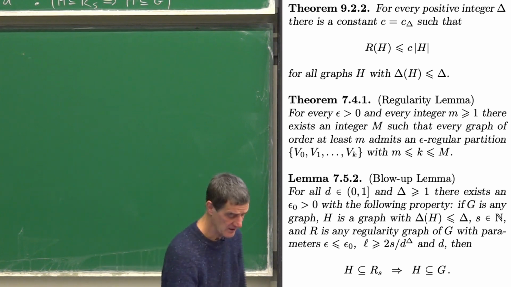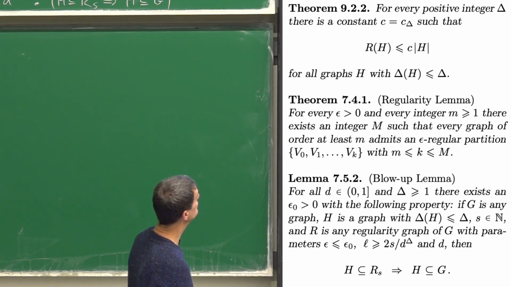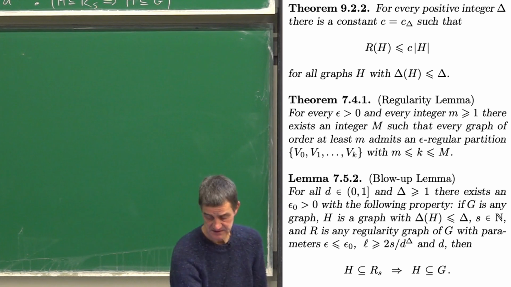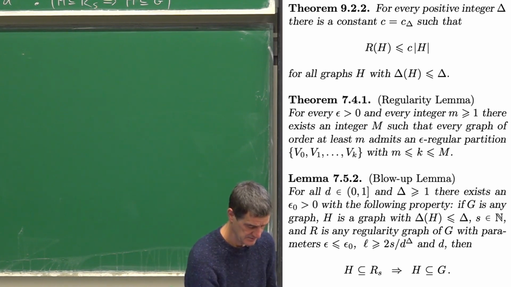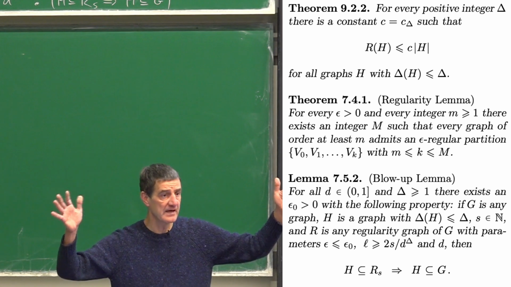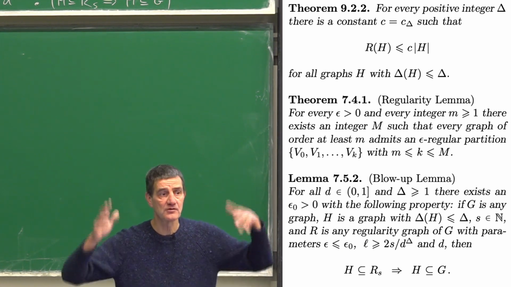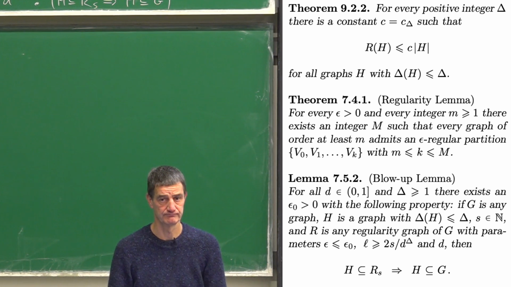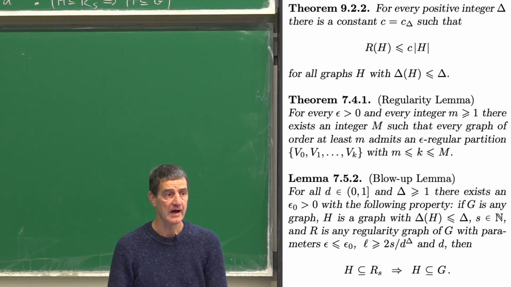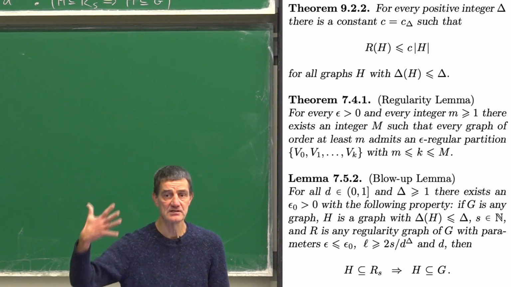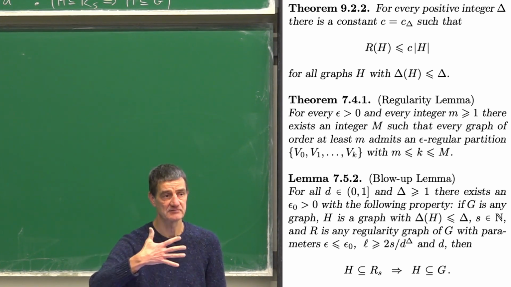So let me give you an overview of the idea. We want to show that any graph G that is big enough either contains H or the complement contains H. How can we be sure that H is contained in that graph?